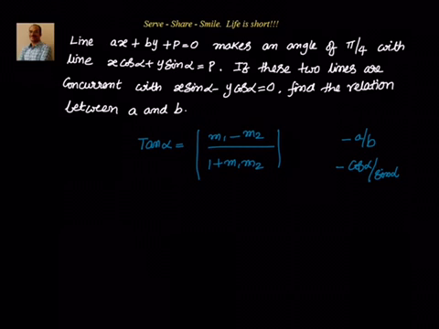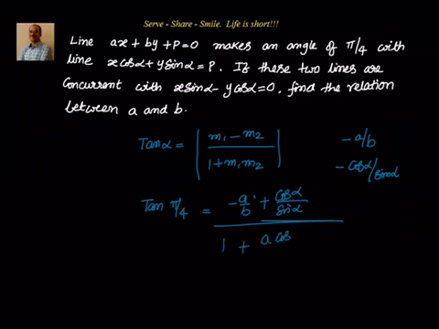We will have tan pi by 4 equal to minus a by b minus m2, that is plus cos alpha by sin alpha, divided by 1 plus m1 m2, that is 1 plus a cos alpha by b sin alpha.